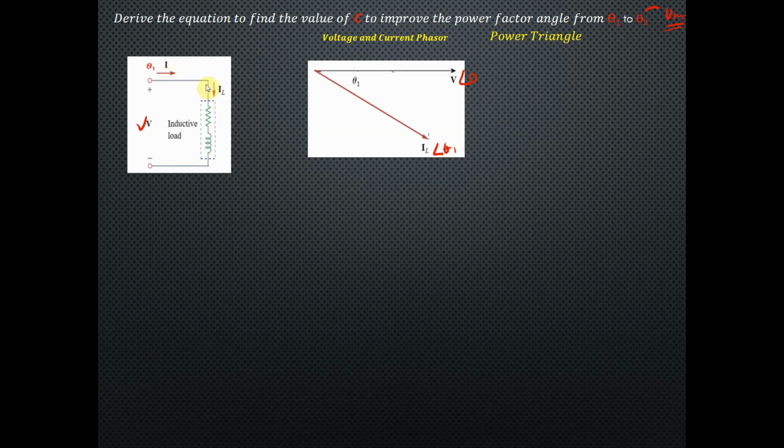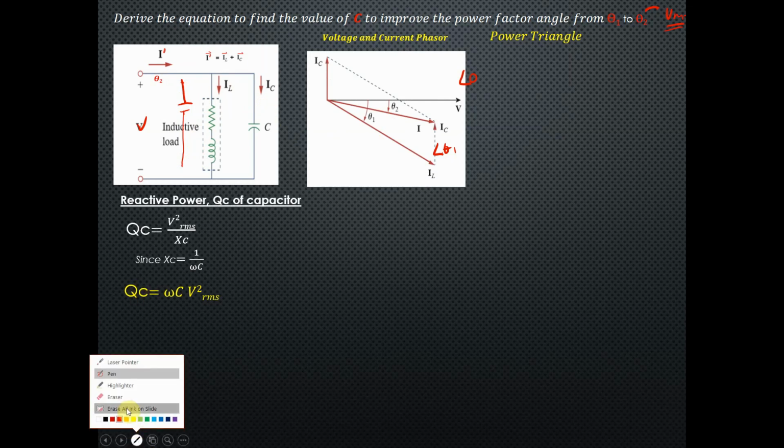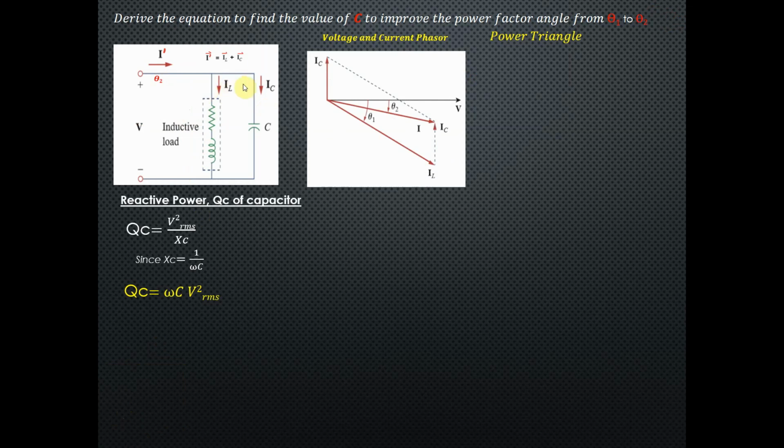If I put a capacitor in parallel on the circuit, let's call the current directly from the source I prime. I prime is equal to the vector summation of IL plus the vector IC.